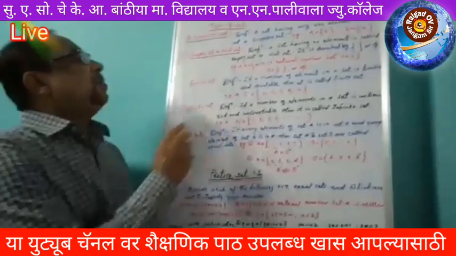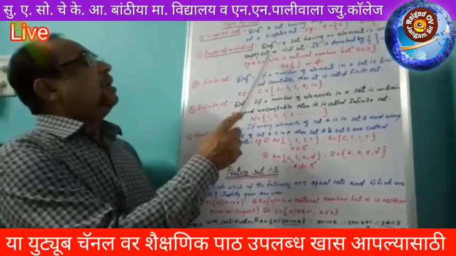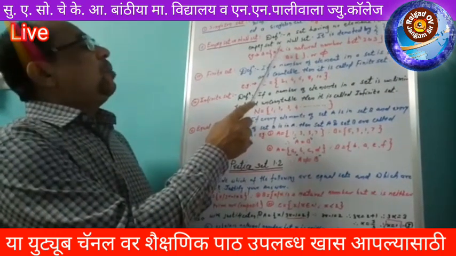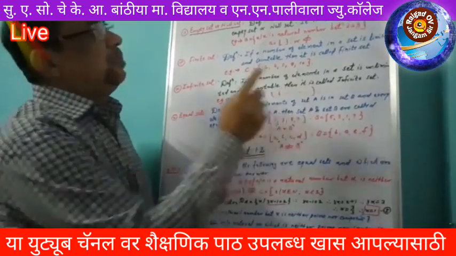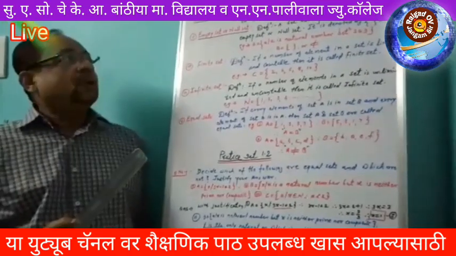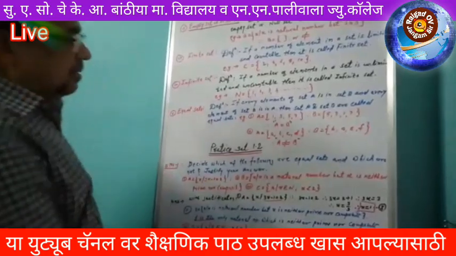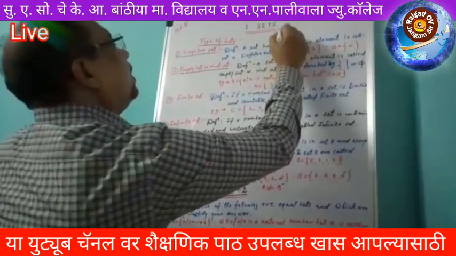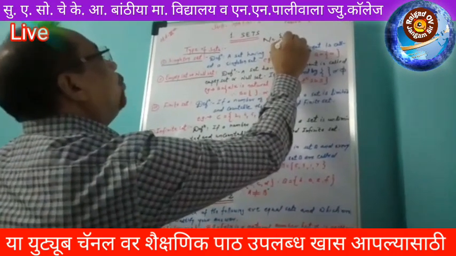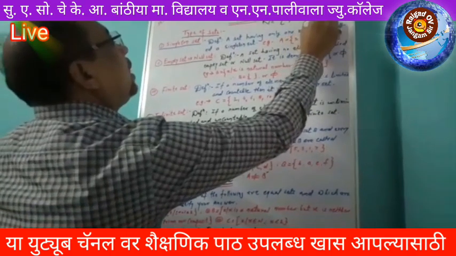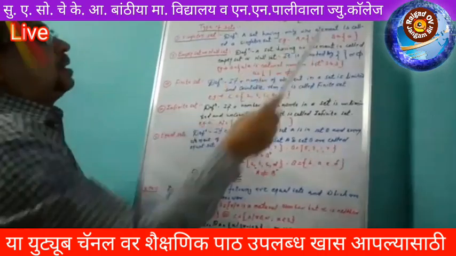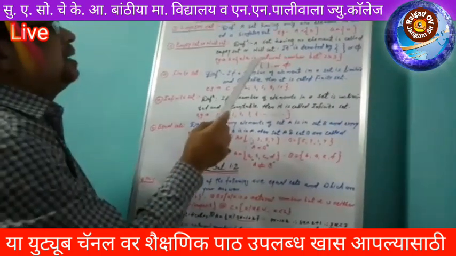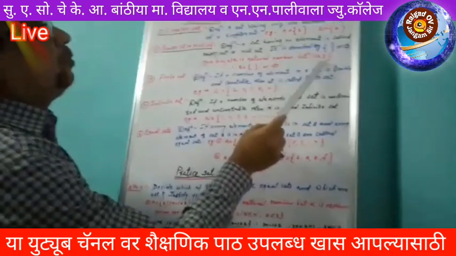See here example. Set B is the set of all x such that x is a natural number between 2 and 3. We know the set of natural numbers like this: N equal to 1, 2, 3, 4, and so on. These are the natural numbers, and our example is that x is a natural number between 2 and 3.